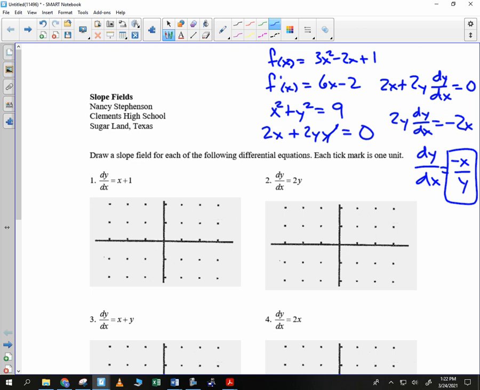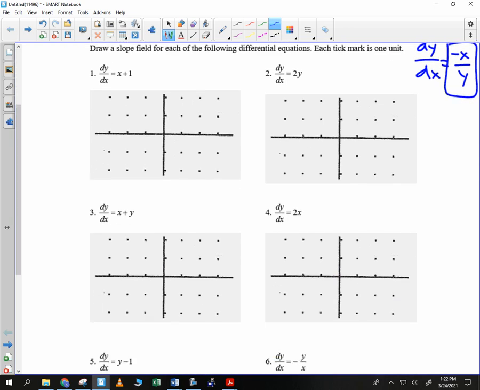We are going to sketch the slope field. And the slope field is nice and simple to calculate. We simply take the x value at a point in this situation and we add 1 to it. So I'm going to start along this axis right here. Can somebody tell me what is the x value right here? 0. What is 0 plus 1?